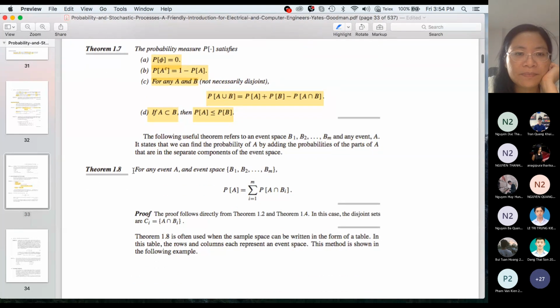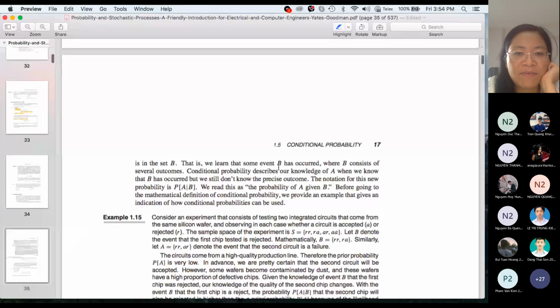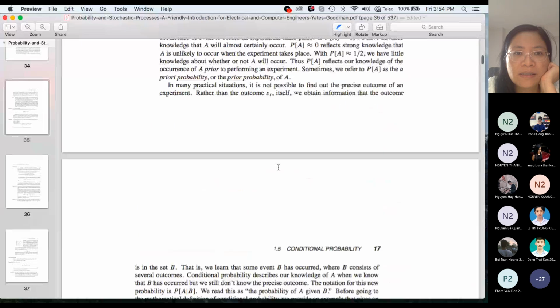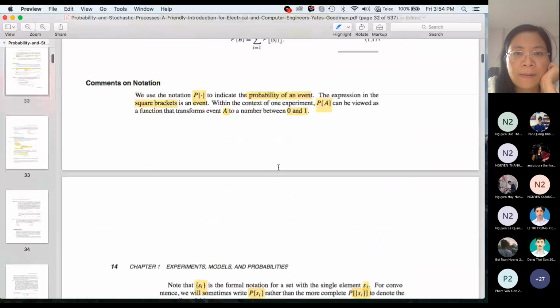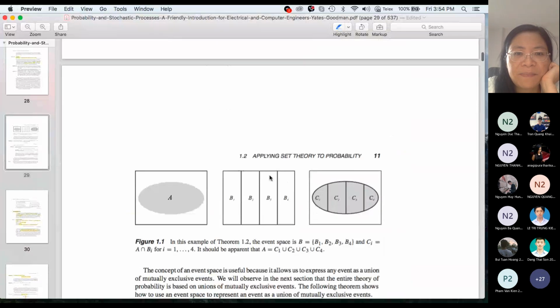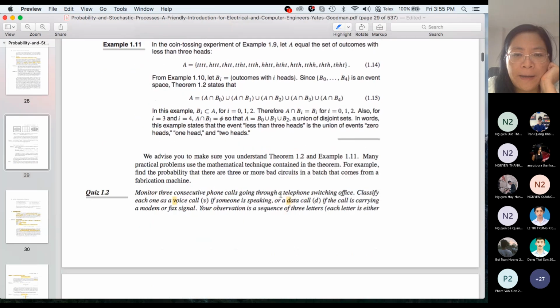The next theorem: for any event A and event space B1 to Bm, we have the following. To remember, here are B1, B2, up to Bn, and the sample space, and A is an event.